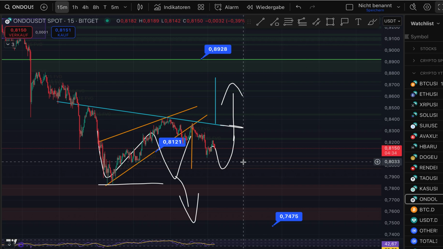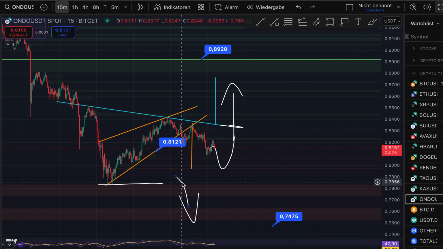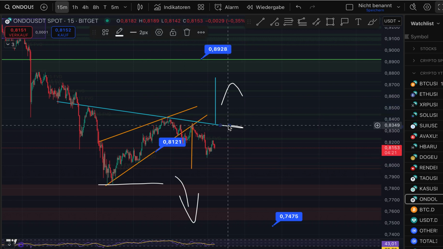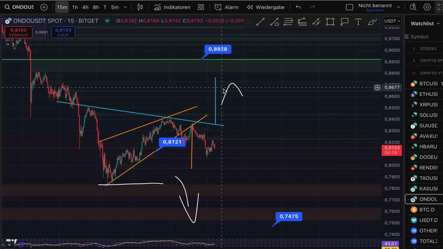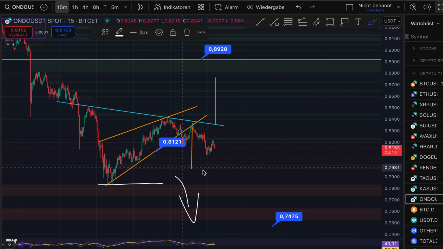If we, for some reason, sell off, wait, let me first clean up the chart a little bit. So, this one too, this one too, this one too, and this one too. So, for some reason, we are going to drop lower than this.